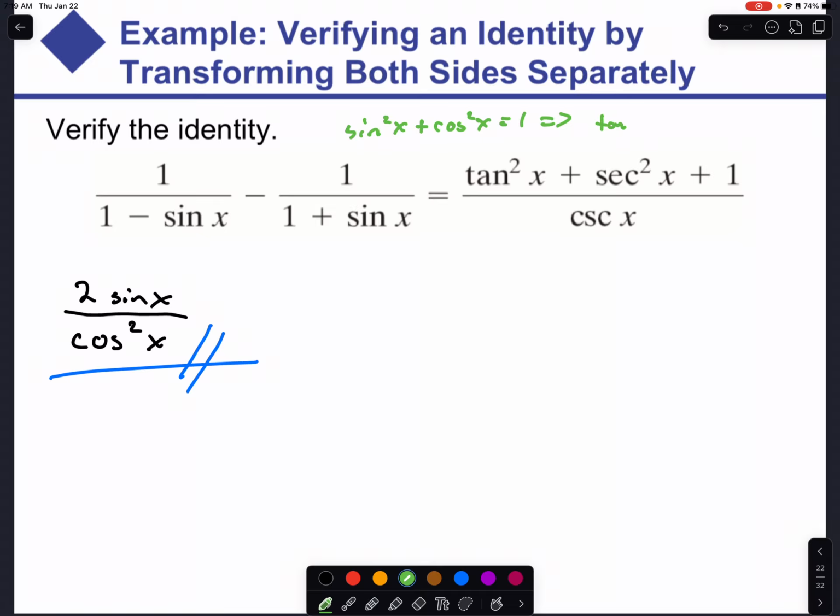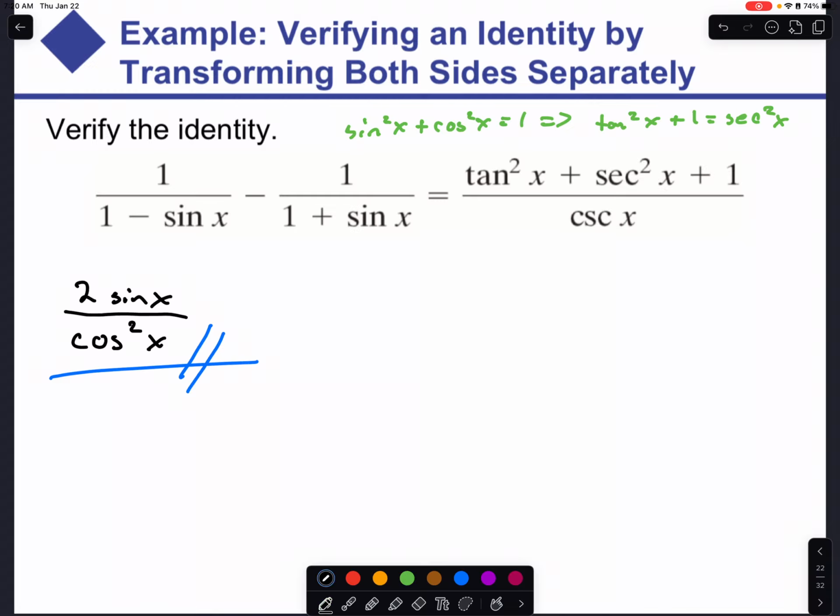So we'll get tan squared x plus 1 equals secant squared x, right? Divide everything by cosine. The reciprocal of cosine is secant. Okay, so notice on the right-hand side, we have that tan squared plus 1, all right? So then it's a secant squared plus secant squared to give us 2 secant squared, okay.